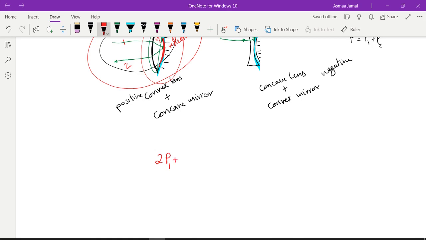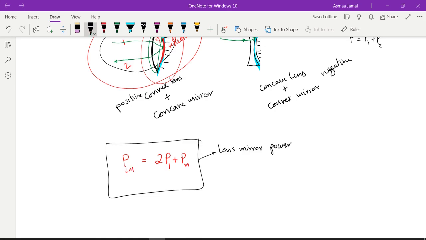We will add it to the front surface power, that's the power of the mirror, to give us the total power of the system, which is the power of the lens mirror. But the power of the mirror is calculated here by using the index of the lens material, not air. And also for the power of the lens, we need to depend on the refractive index of the lens because the light here refracts inside the lens, refracts after passing through this lens.